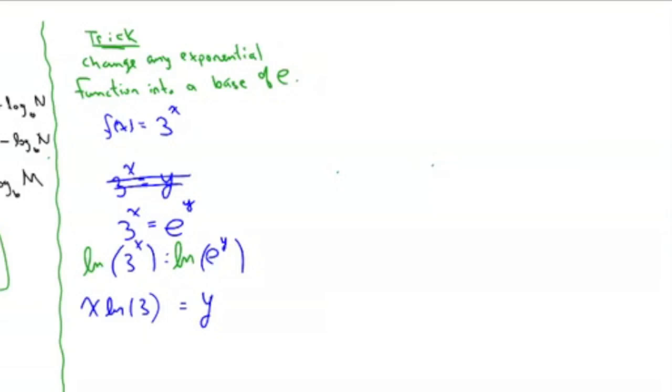And that's a lot of what we're going to do today, solve for a single variable in these weird equations. So now we can say f of x is equal to e to the y, but y in this case is x ln of 3. And those two functions look identical to one another if you graph them: 3 to the x and e to the x ln of 3. So that's just a neat little trick in case you go any higher.